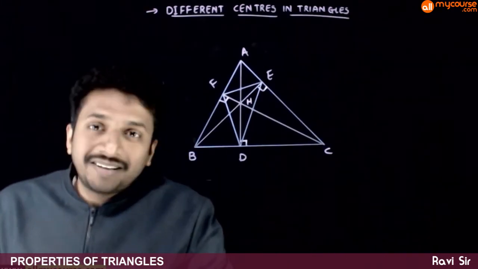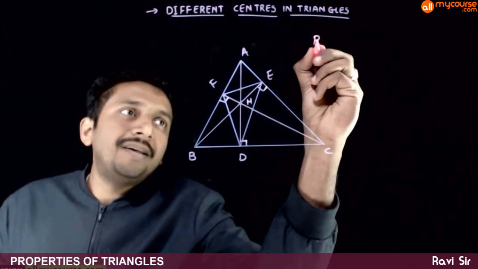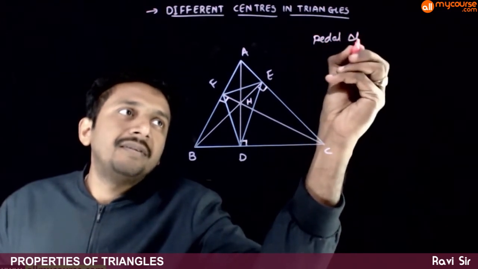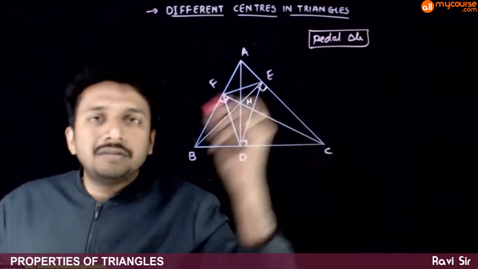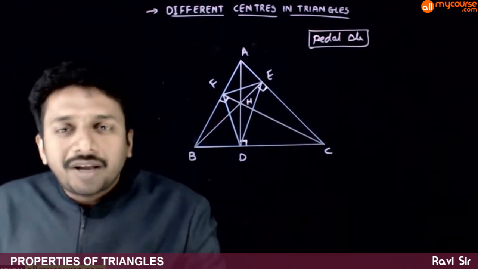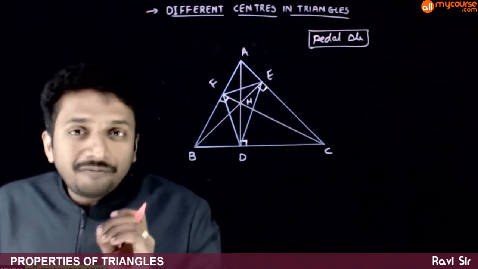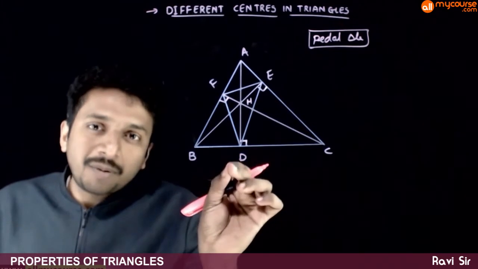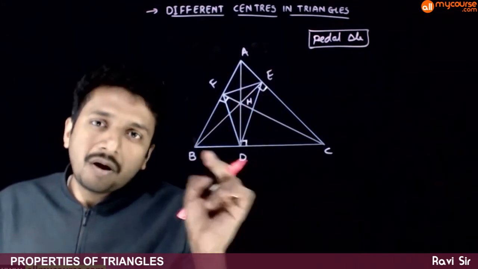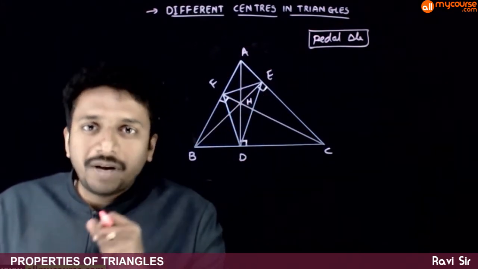In this video, let us look at the topic of pedal triangle. What is the pedal triangle for a given triangle? The triangle formed from the feet of the perpendiculars from the vertices onto the sides is called a pedal triangle.